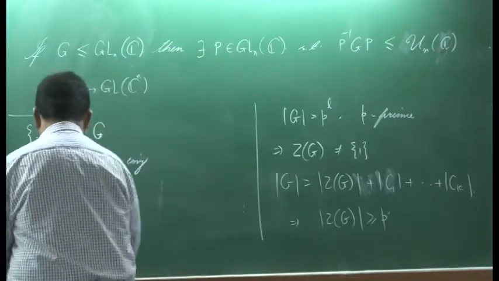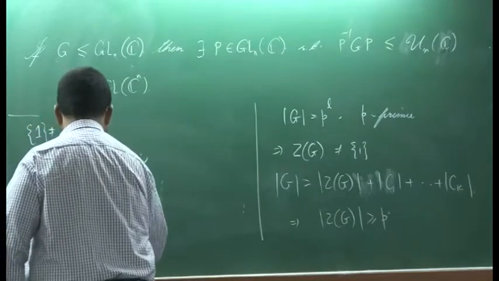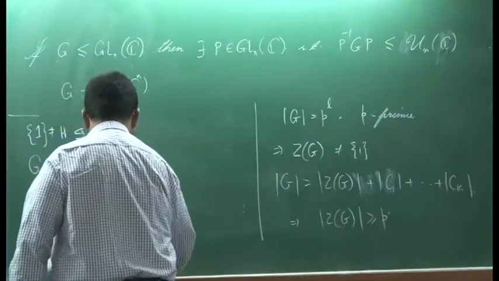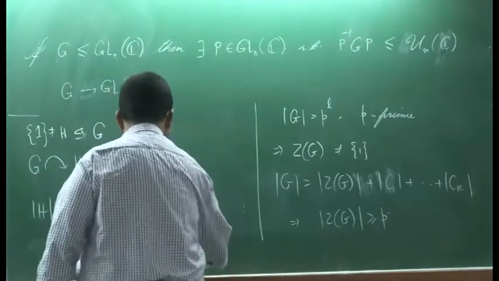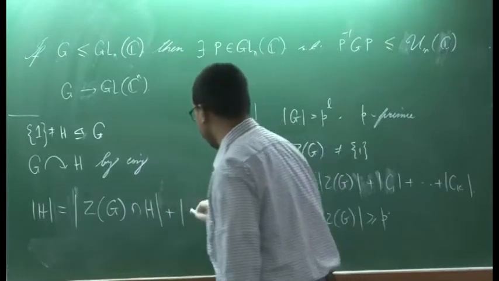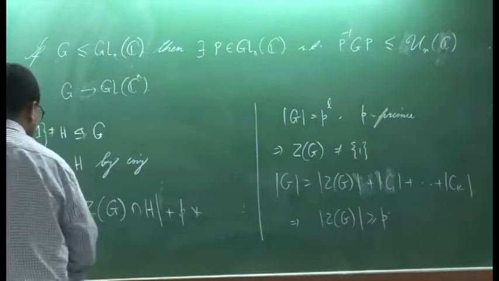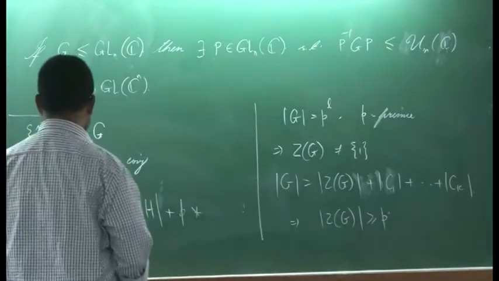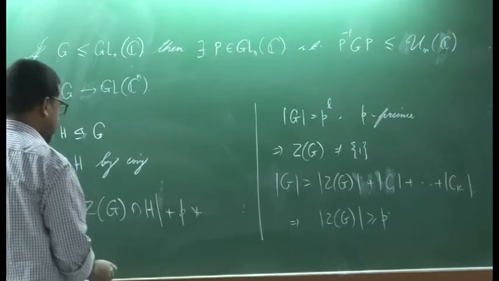So the fixed point set of this action is nothing but H intersect ZG. Then there are other non-trivial orbits, but what we know about them is that all those terms are divisible by P. Hence, as expected, it is clear that this is divisible by P.